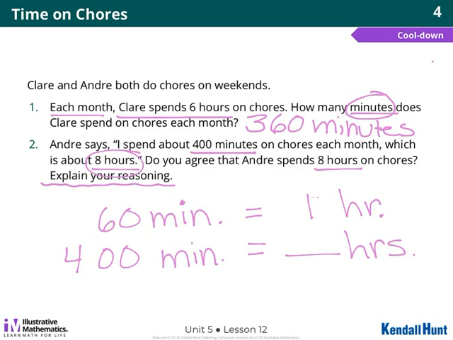Okay, this time I'm going from a smaller unit to a bigger unit, so I'm going to divide. So 400 divided by 60 is essentially what I'm doing. I need to figure out how many 60s are in 400. So let's see.